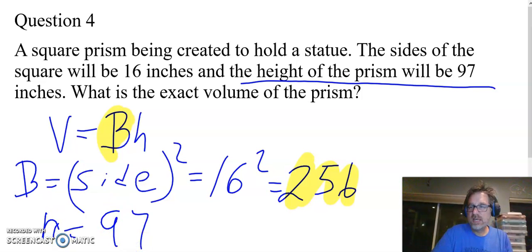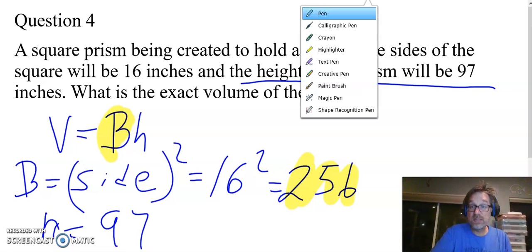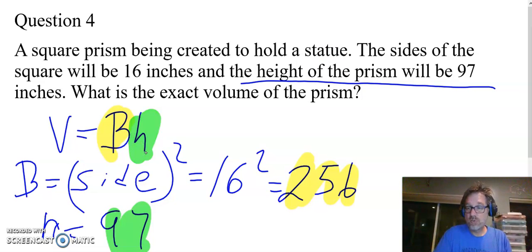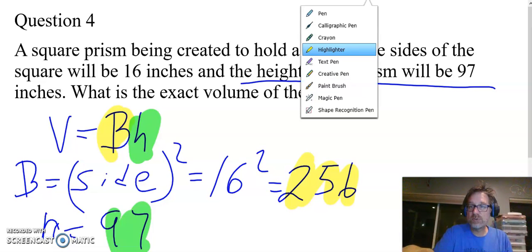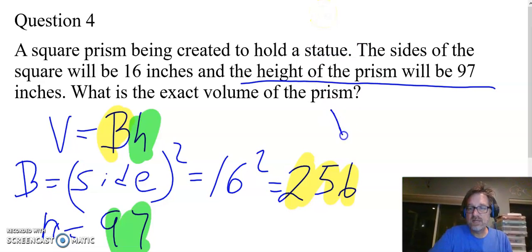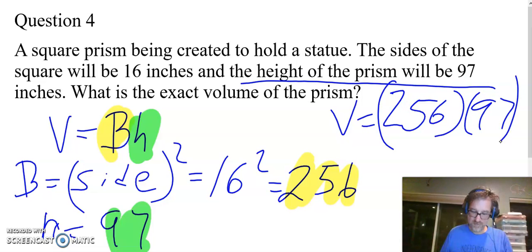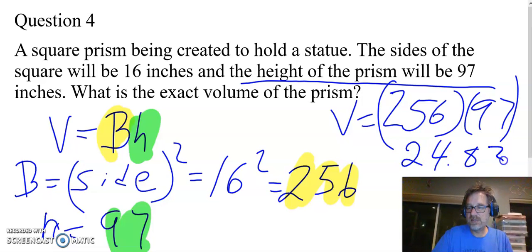So I've got big B and little h. So according to my rule, I'm going to take big B, 256, and I'm going to multiply it by the height, 97. So my volume is going to be 256 times 97. So 256 times 97 gives me a volume of 24,832.